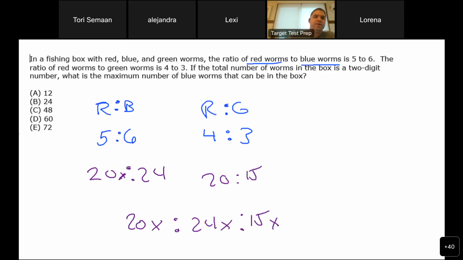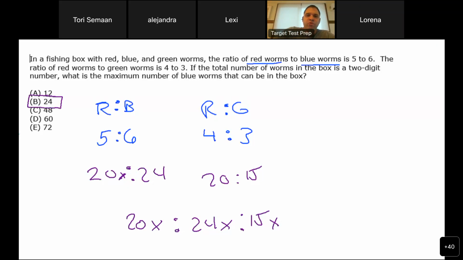Now, the thing is, when X is 1, we have ourselves a 2-digit number. When X is 1, we have 20 plus 24 plus 15. So that's going to give us 44. That's going to give us a grand total of 59, right? Problem is, when X is 2, it goes above being a 2-digit number, which is why 24 is the correct answer.